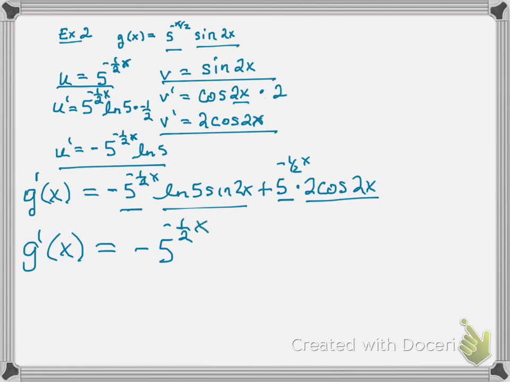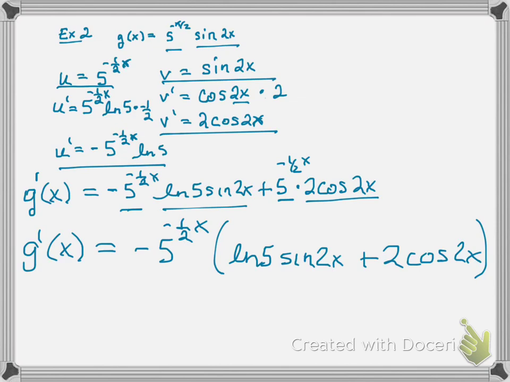That's the only thing they really have in common, so what will I be left with if I pull that out? I will have a ln 5 sine 2x plus 2 cosine 2x. And once again, this could be shoved down to the denominator to make that power a positive power.